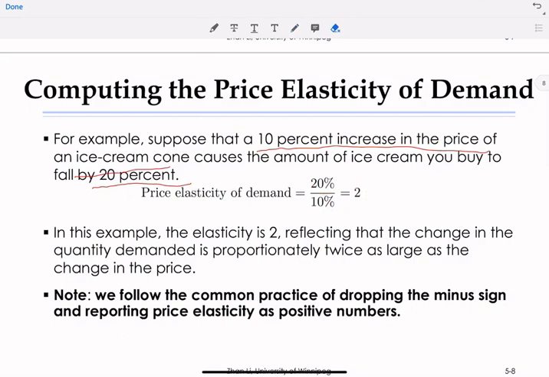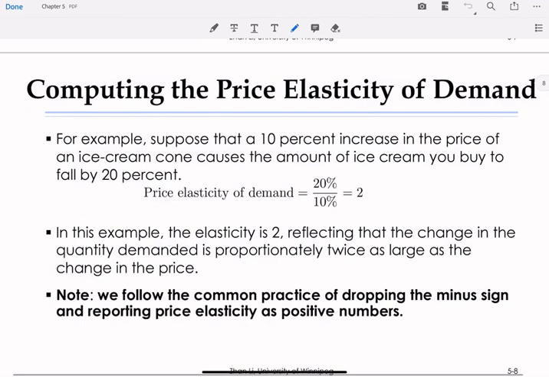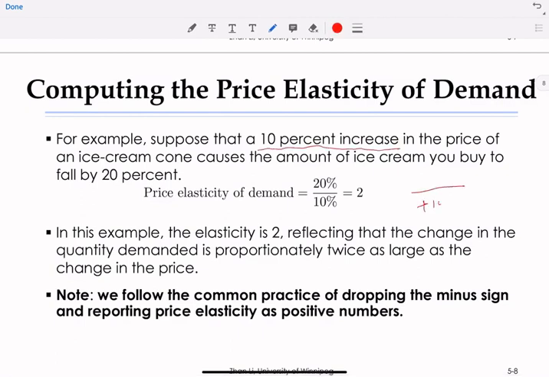Another convention about calculating price elasticity is about the sign of price elasticity. At least in this book, we would always want to use a positive number for the price elasticity. Well, because if you think about this carefully, it seems that you should use a negative number. If you look at this statement here, it says 10% increase, right? So basically we should put a positive 10% here.